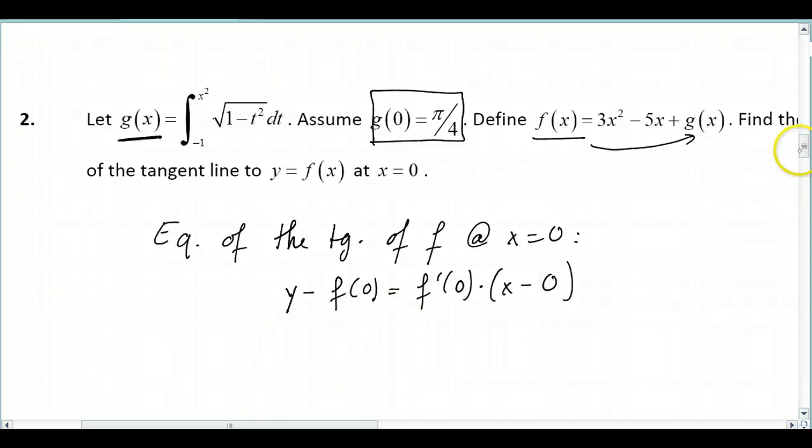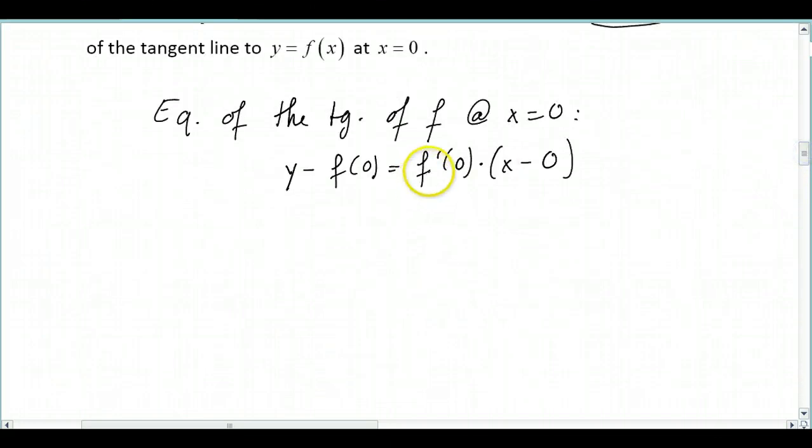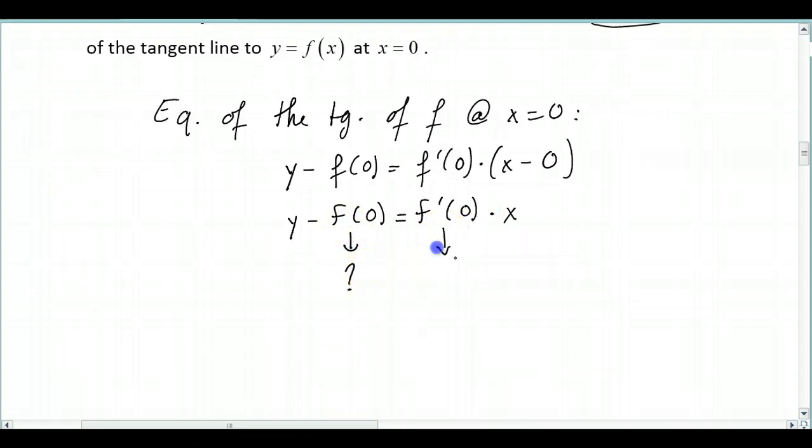And that's the point slope form, right? So it is y minus f of 0 equals f prime of 0 times x. So I need f of 0 and I need f prime of 0.